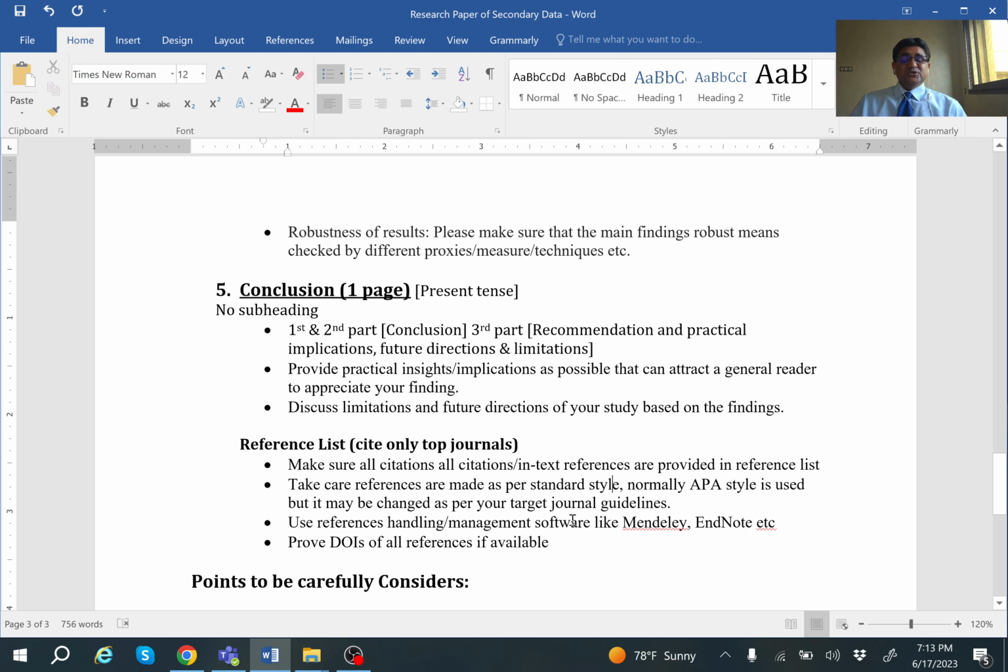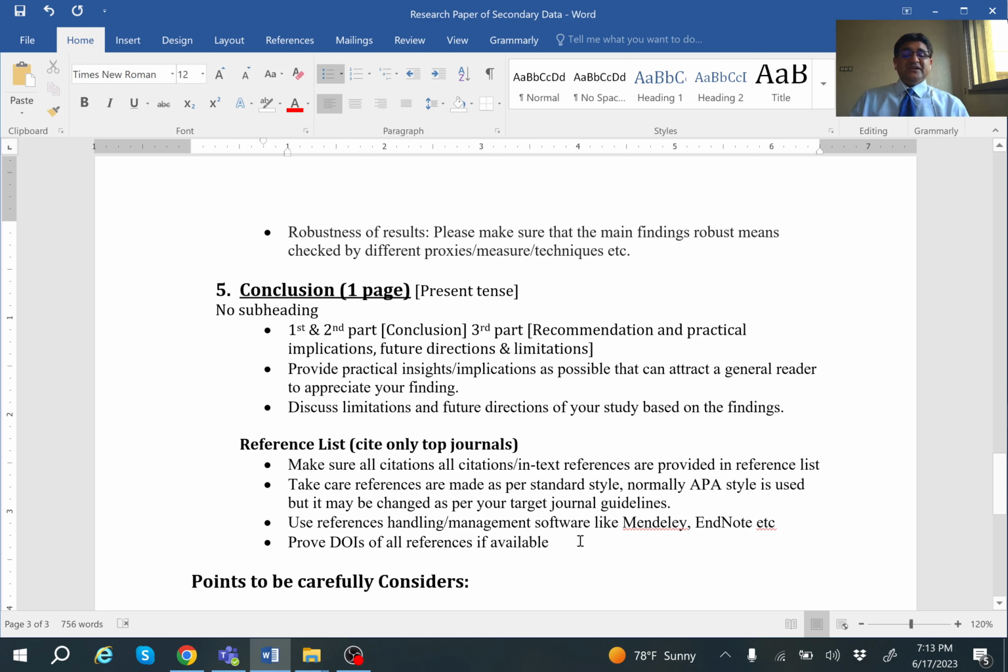For example, you have used APA style, but the journal requires MLA style, Chicago style, or any other style. Then you can convert your references in one click. If you are handling your references manually, it will take you a lot of time. I would also suggest providing the DOIs of each reference.